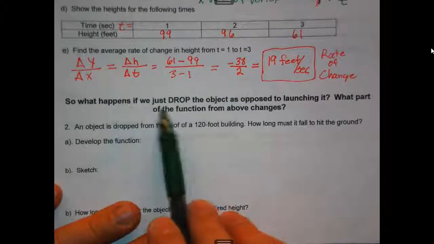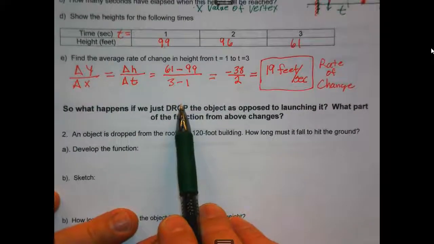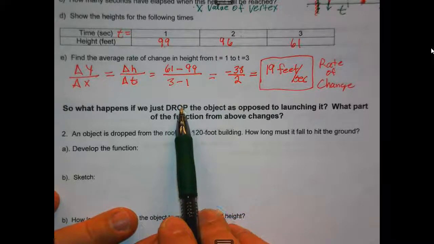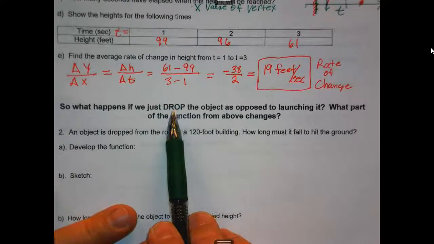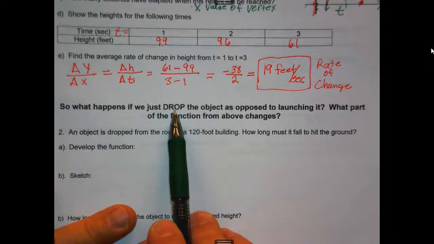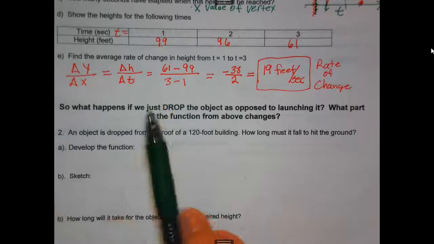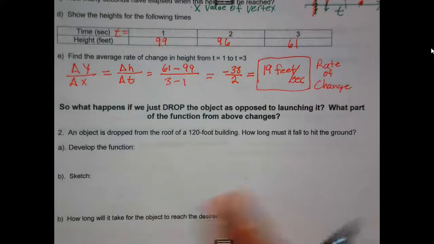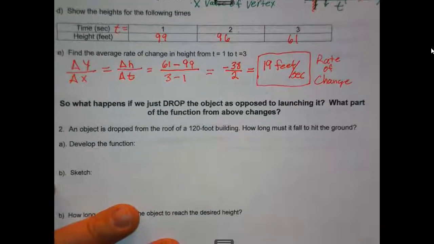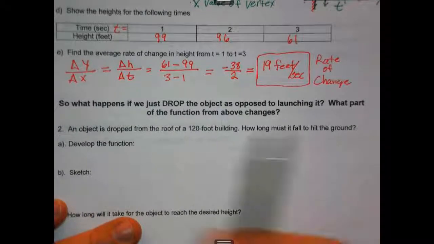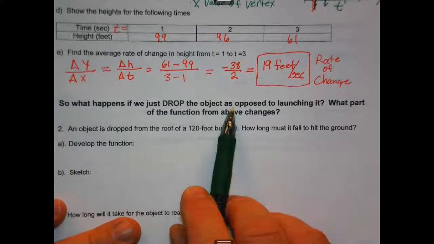All right, number one, we launched a rocket. Number two, we're dropping an object. For those of you who ever dropped like a pumpkin or something off the top of the building, you can know. Sure, we used to. Okay, what's going to change from the first one?